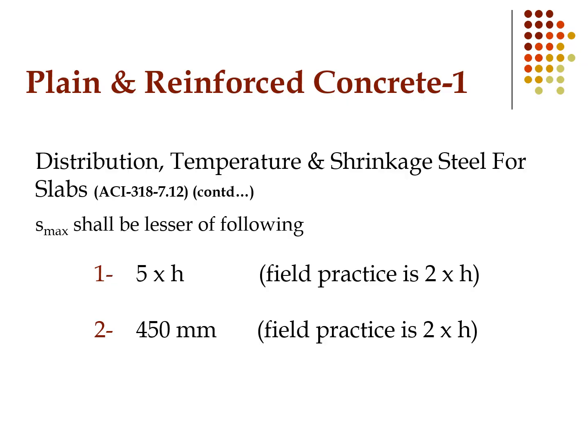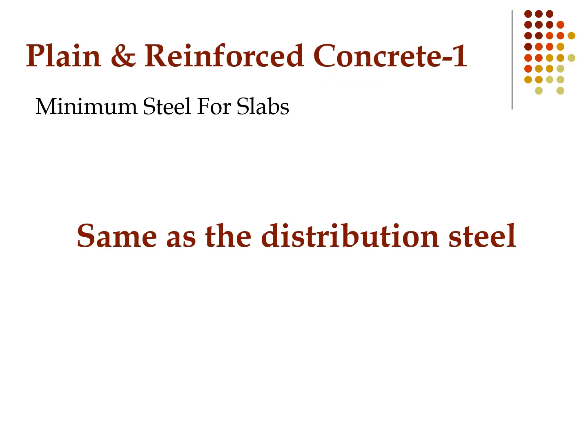The maximum spacing of that distribution steel, S max, will be the minimum of two criteria. First criterion is 5 times H and second criterion is 450 millimeter. Normally in the field we provide 2 times H, but we can go with the ACI criteria as well.